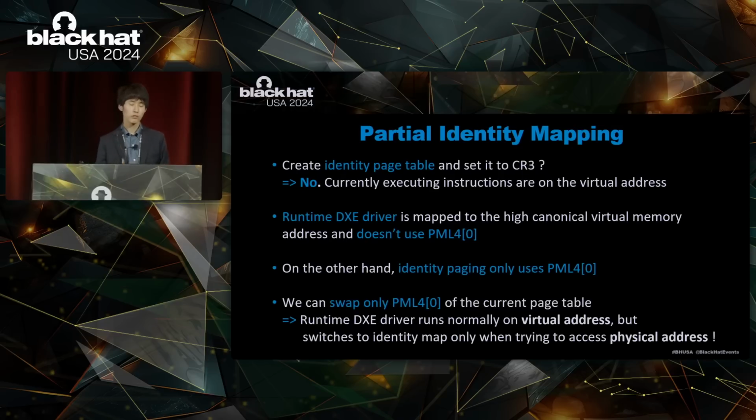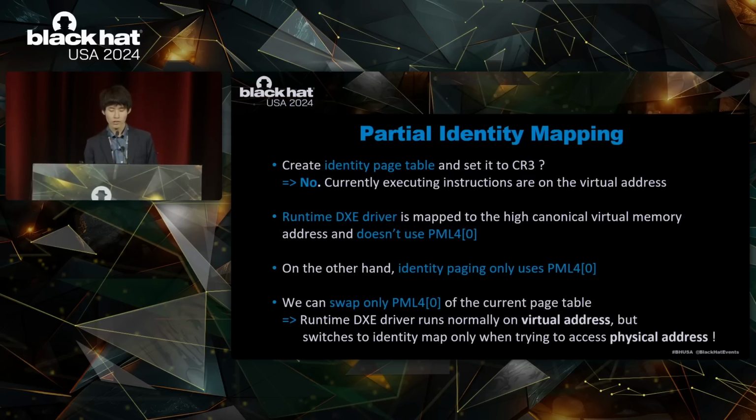However, the current instructions of the runtime DXE driver are mapped to virtual addresses, so if you change the whole page table with CR3, the current instruction will be located at a different address and it will crash. So you cannot change the CR3 register that easily. In this study, we devised and used a new method called partial identity mapping.